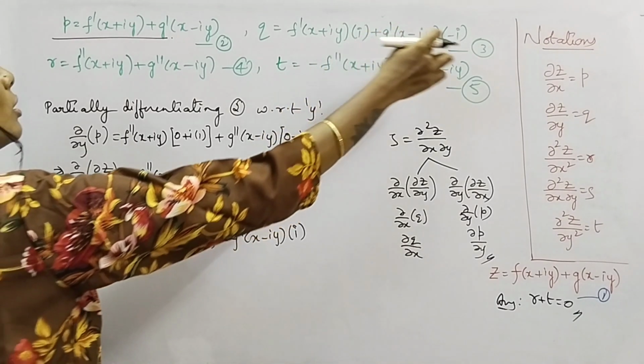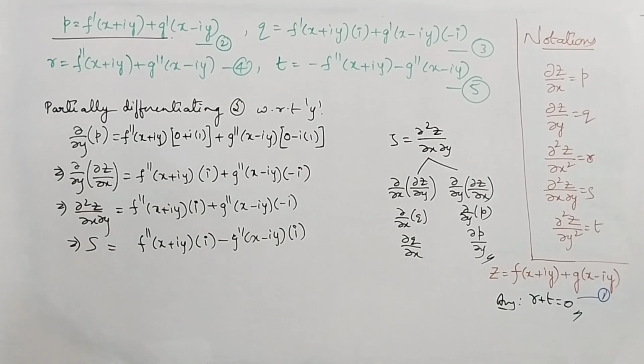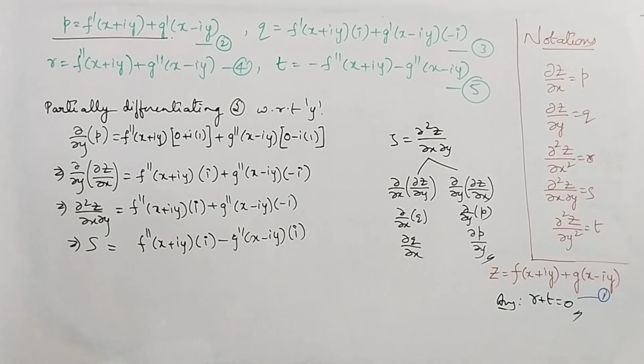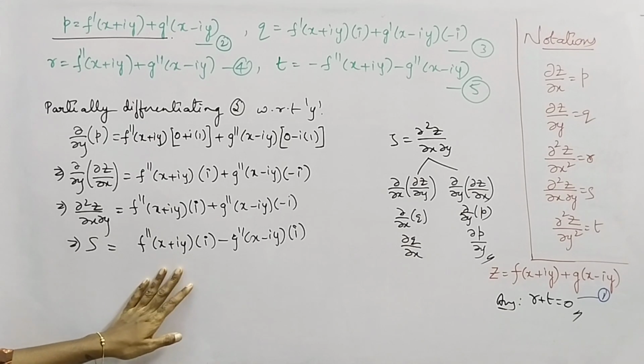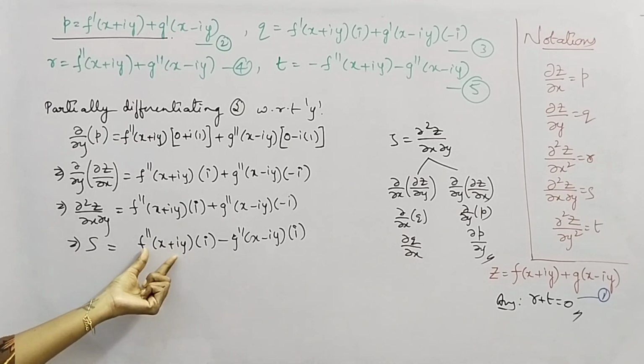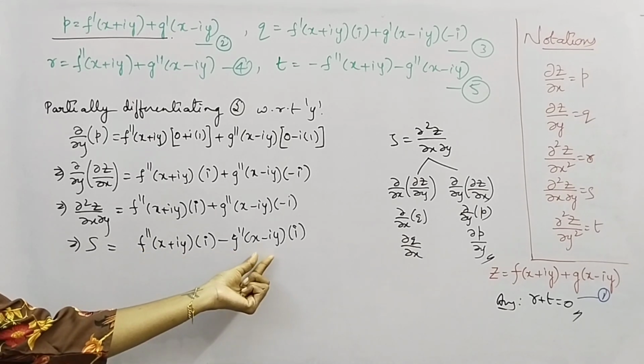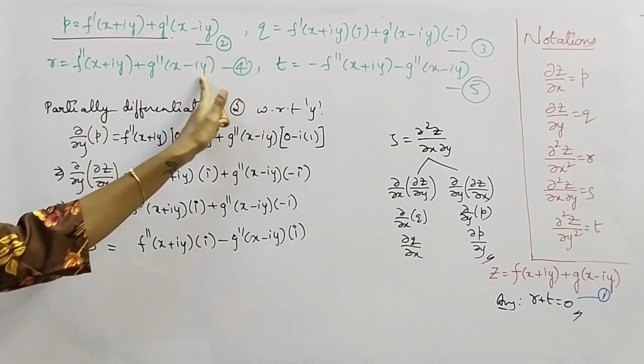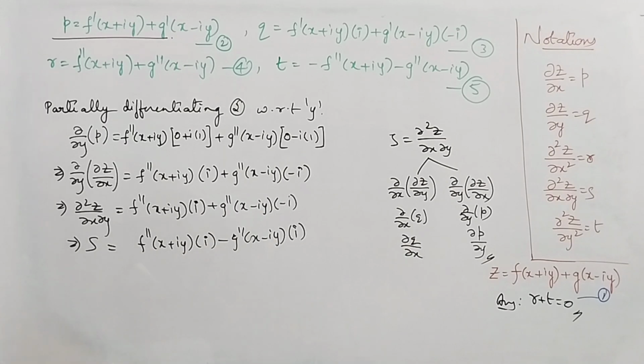I wrote i after the f dash and g dash, so I'm just following that pattern. Okay, so this is our s. See, here we have f double dash i minus g double dash i.